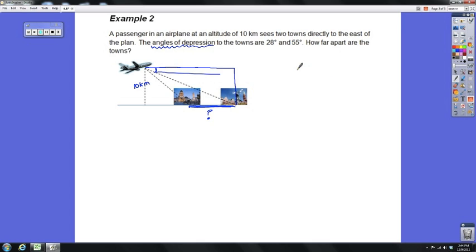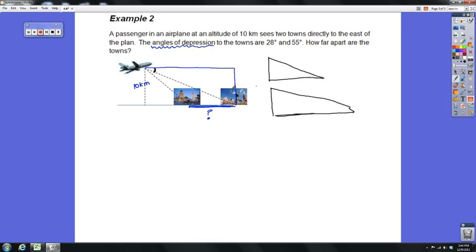So what I'm going to do to make this a little bit easier, sorry, my pen is going nuts there, is draw two separate triangles, one to represent each town.